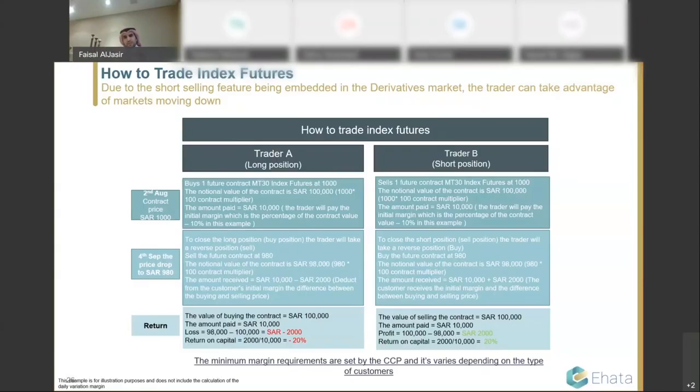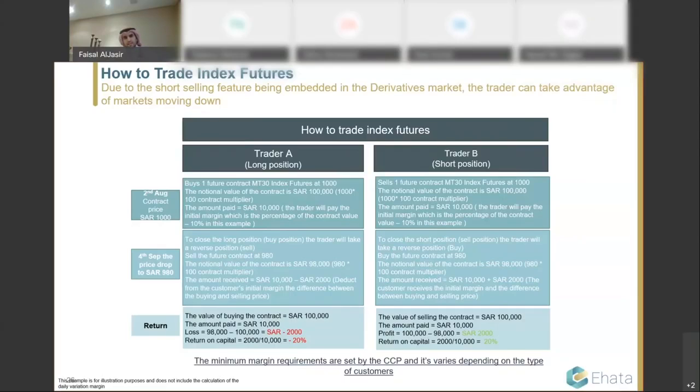Now, what happens in the month of September? If you are long, if the market on the 4th of September went down to 980, and you have entered the position at 1,000, you are long. It's clearly and obviously a loss for you. So you take the difference between them and multiply it by the multiplier. You would find that this is a 2,000 Saudi Riyal loss that will be deducted from your initial margin.